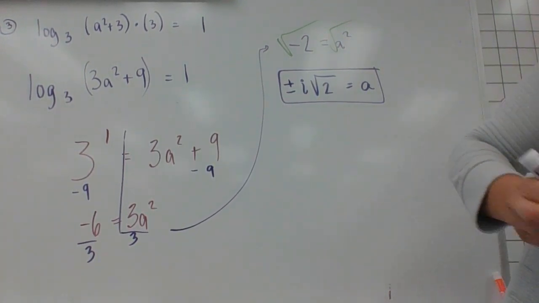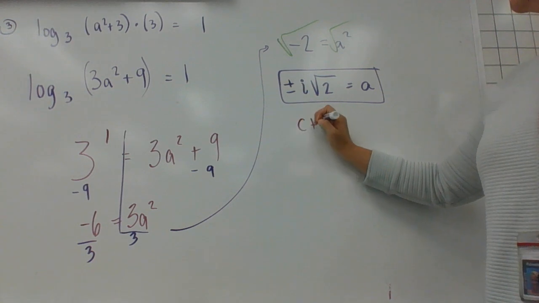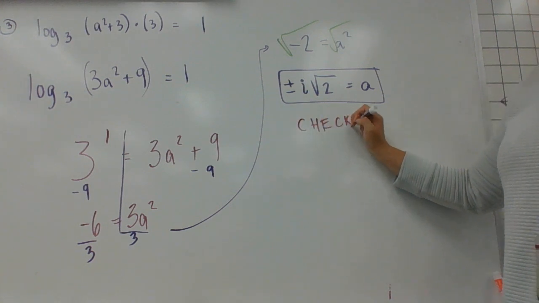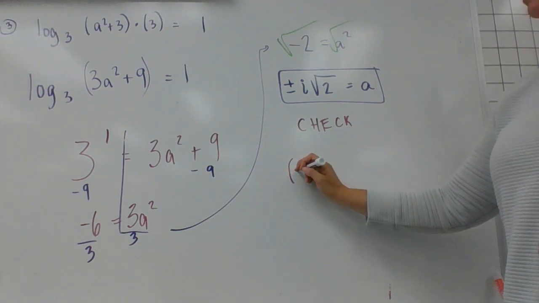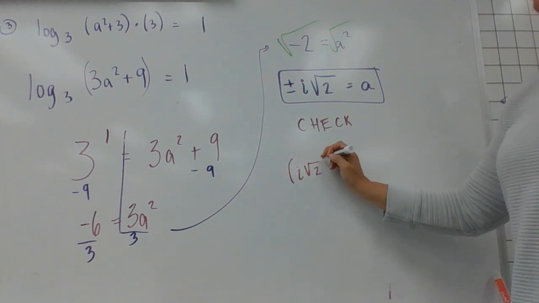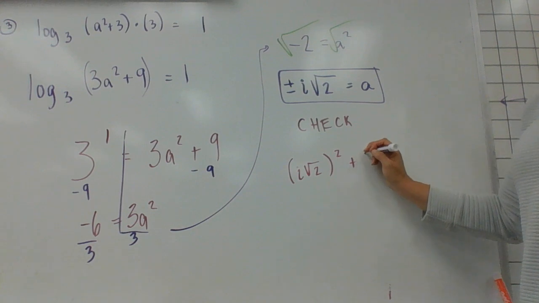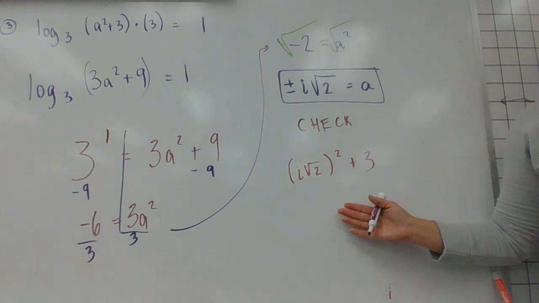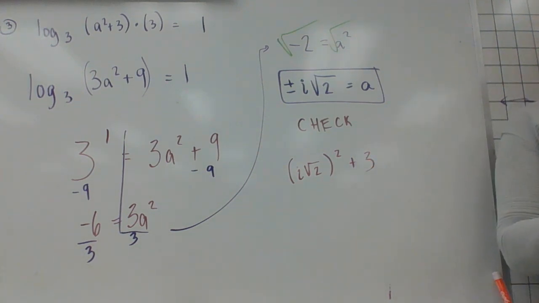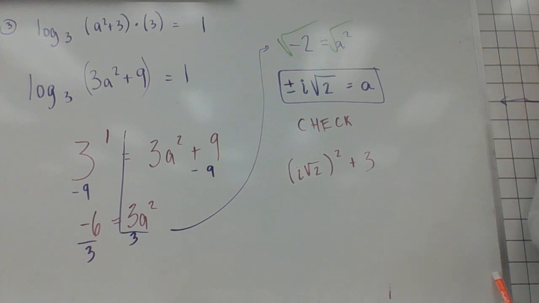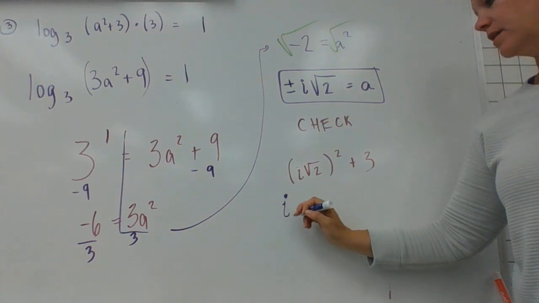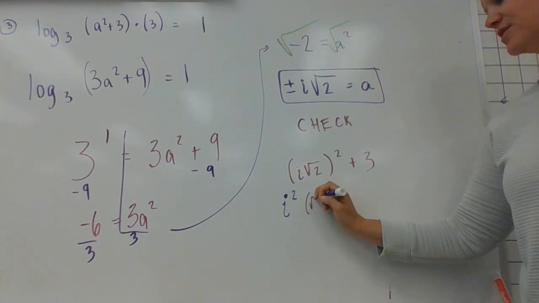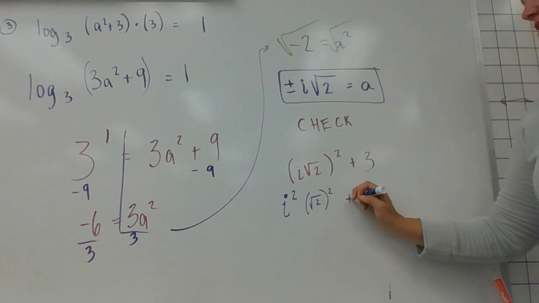Let's check it. So I am gonna check it. I'm gonna put this value in for a. So it's gonna be i square root 2 squared plus 3. And the rule is that any argument in the log has to come out positive. So this would be i squared and the square root of 2 squared plus 3.